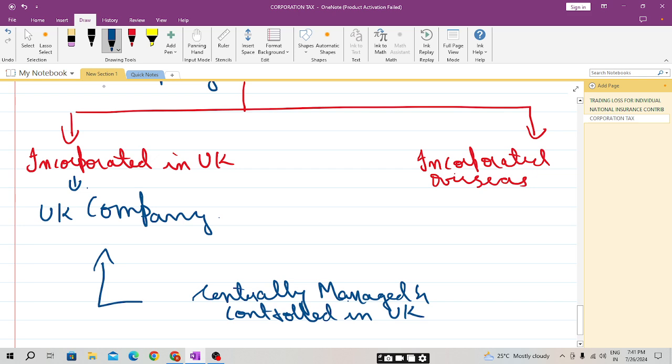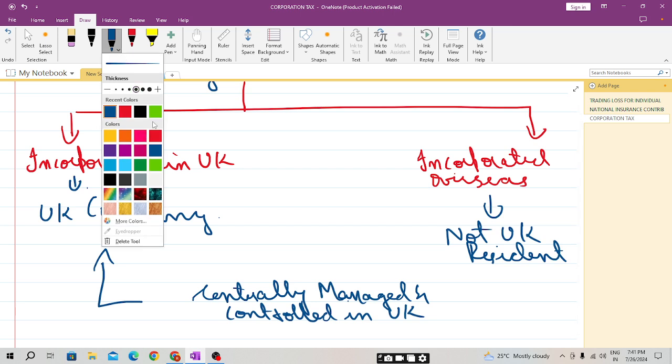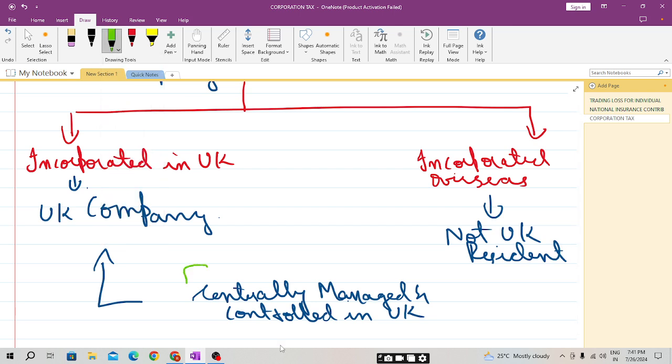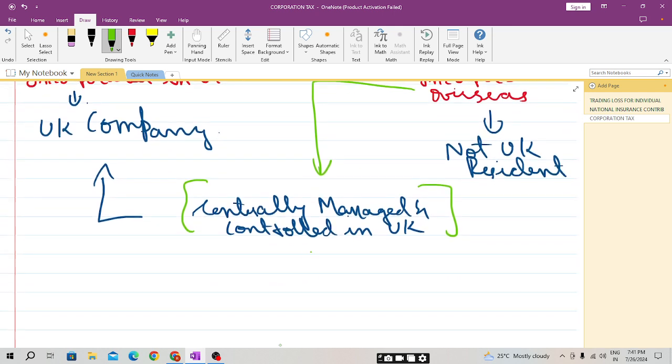If it is not incorporated in UK and not managed in UK, it will not be a UK resident. But students, an important point here is, if incorporated overseas and centrally managed and controlled in UK, it will be a UK company. I hope this point is clear.